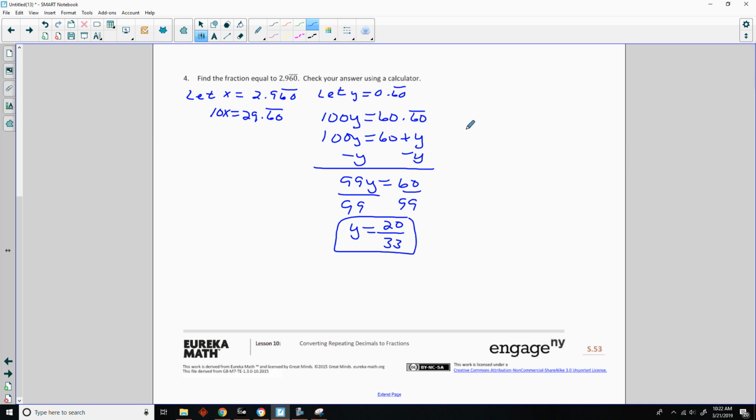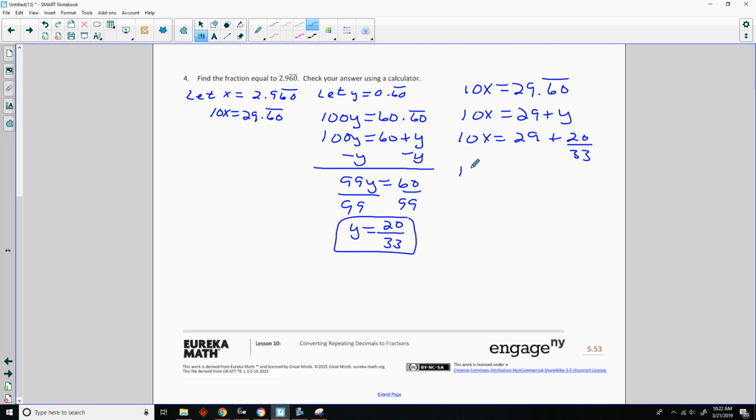Now I'm going to take my original equation of 10x equals 29.60 repeating, and I'm going to substitute in my givens now. So that is 29 plus y, so 10x equals 29 plus 20 over 33. Now this denominator is going to get multiplied by 29, so I have to multiply it by 33 over 33.